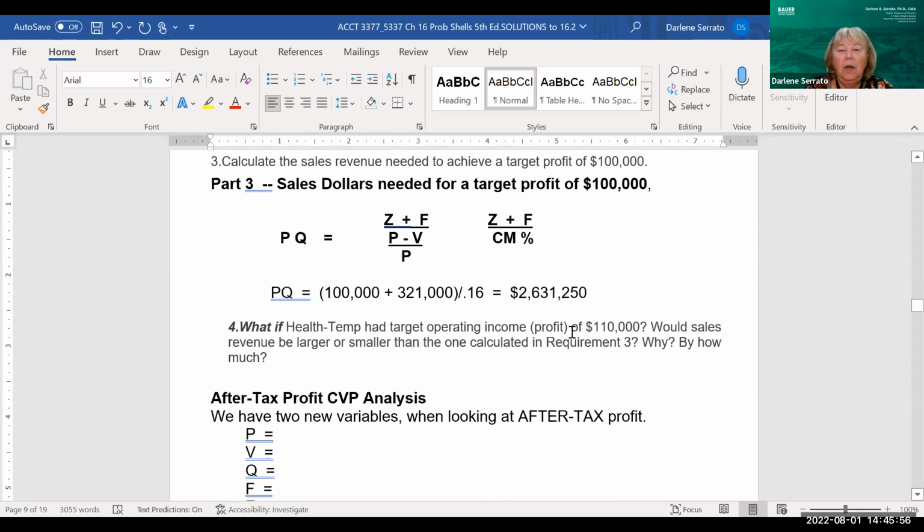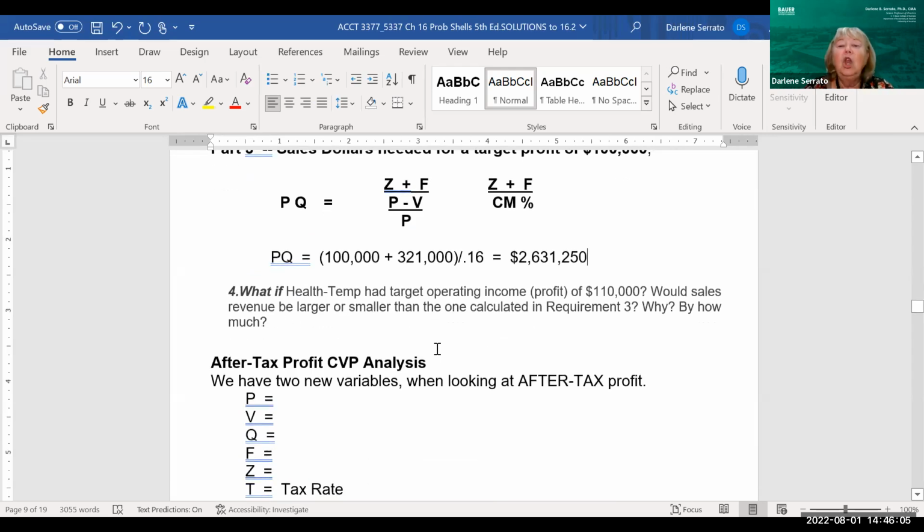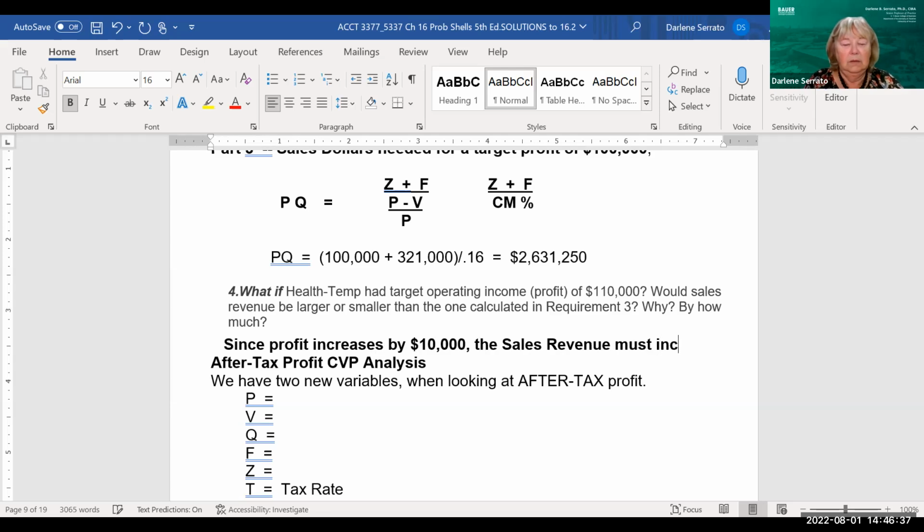What if the operating income is 110,000? Would sales revenue be larger or smaller? It would be larger because profit is going up by $10,000. Since profit increases by 10,000, the sales revenue must increase.